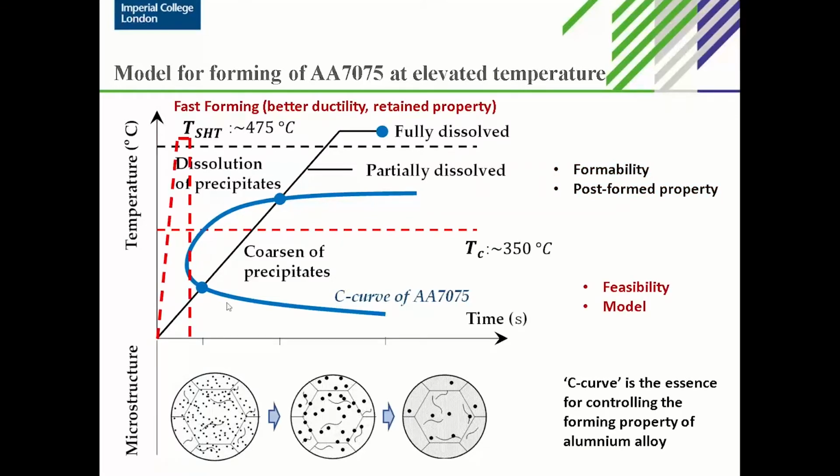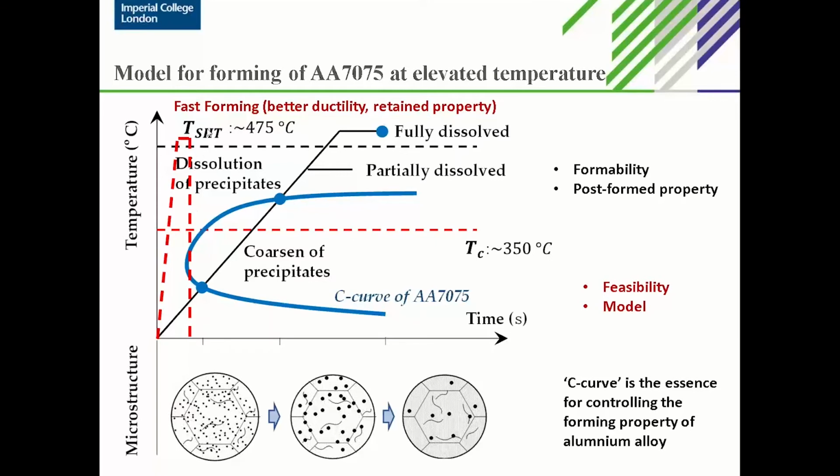So based on this understanding, we proposed another forming method, which is called fast forming. So we hope to quickly heat up the material to a temperature, and then we form at this high temperature, and later we quench it down very fast to avoid entering the C curve of the components, such that the material formability could be achieved at high temperature and also the post-form mechanical property could be retained.